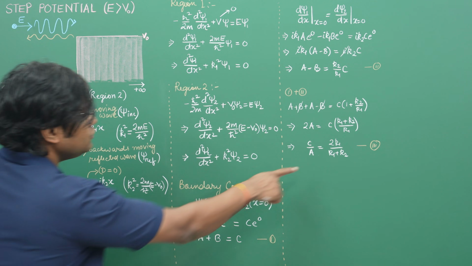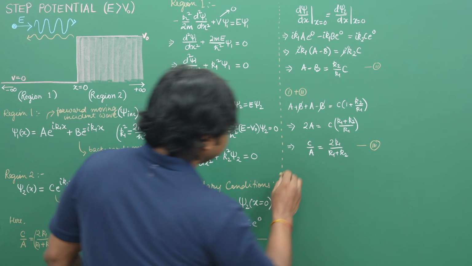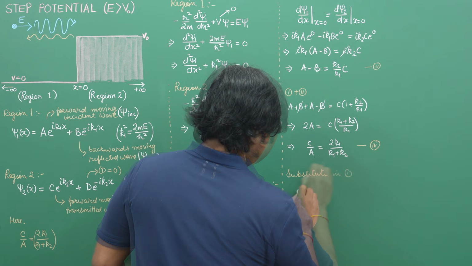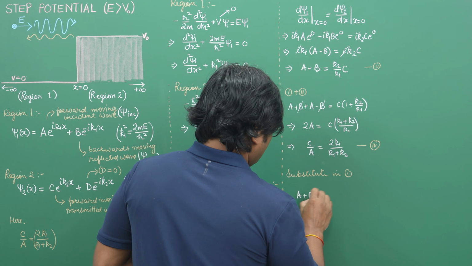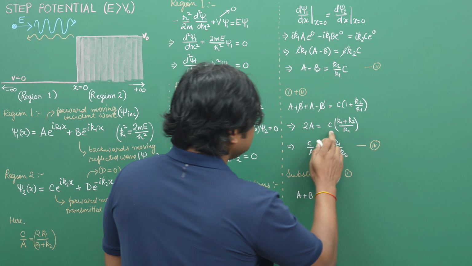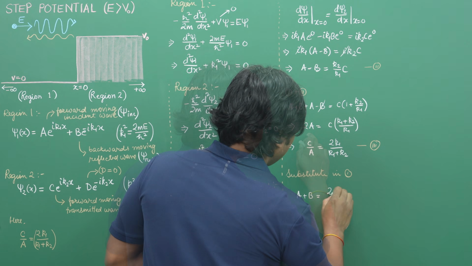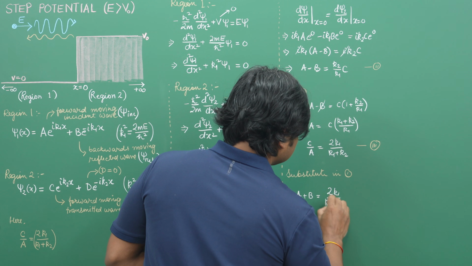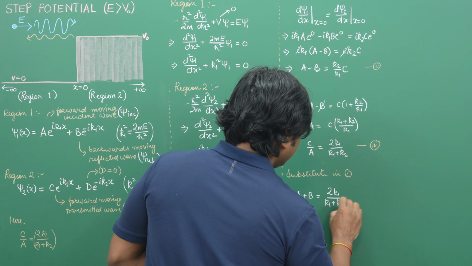Now if I substitute this in point number 1, c is equal to essentially 2k1 upon k1 plus k2 times a.